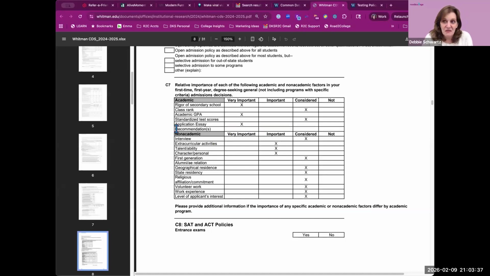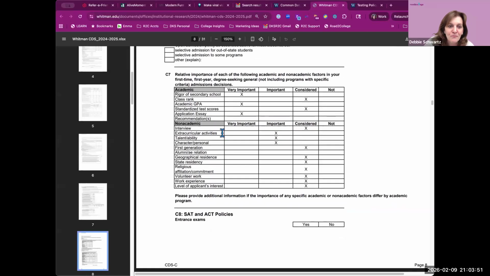So that might be something, if my student was applying to Whitman, I might ask Whitman, do you put emphasis on the recommendations or not? Because they're not telling you anything about it here in the common data set. And now there's this section called non-academic factors.